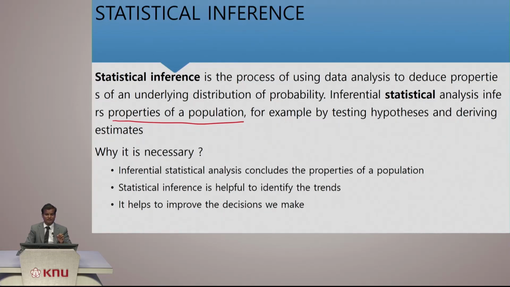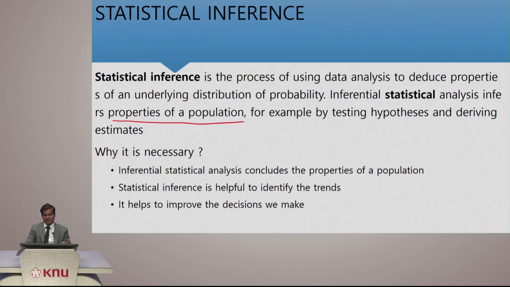Inferential statistical analysis infers properties of a population, for example by testing hypotheses and deriving estimates. It's a whole process in which we consider various aspects of probability to understand the underlying distribution. So why is it necessary?